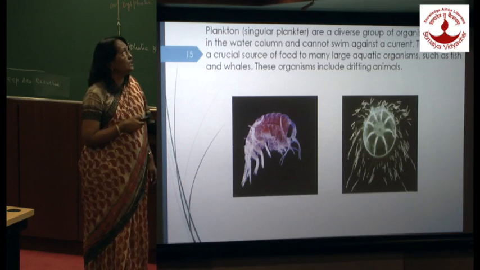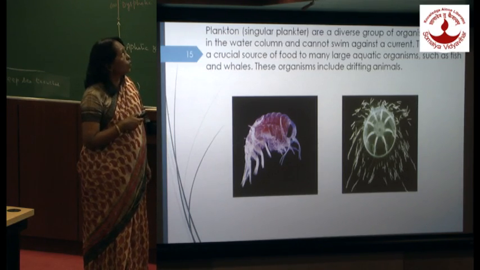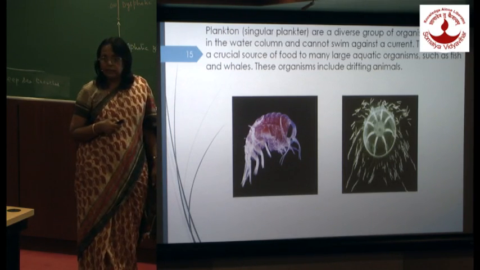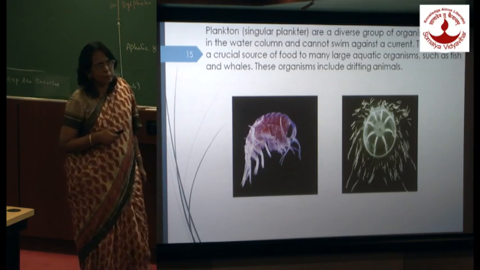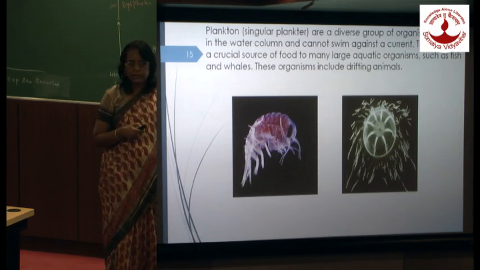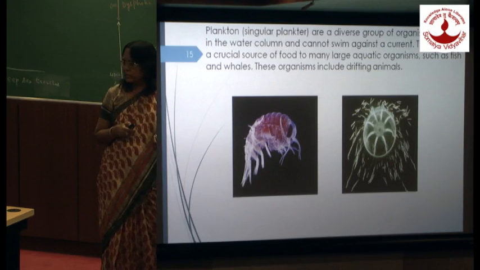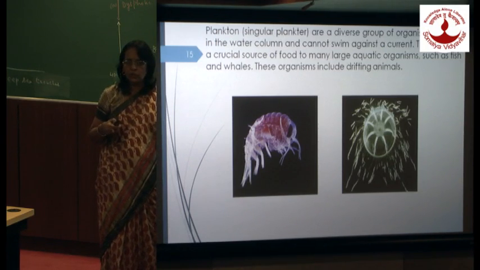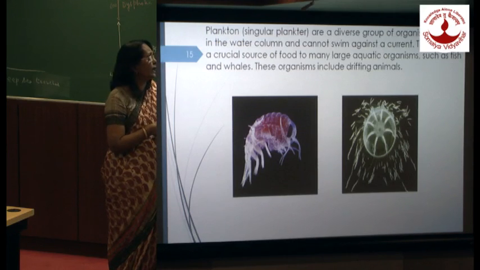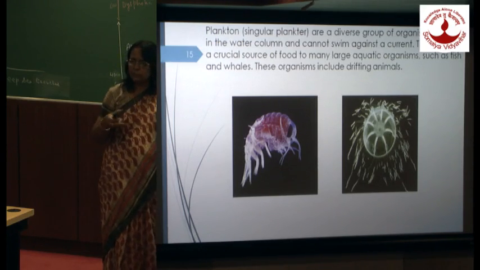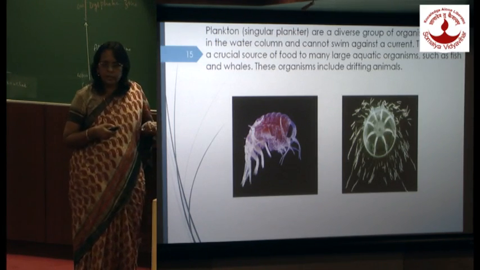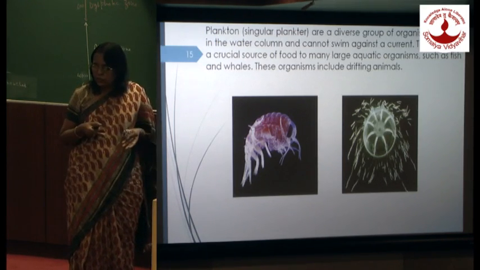Planktons are a diverse group of organisms that live in the water column but cannot swim against current. They have locomotive power but very feeble locomotive power. Alright? They are more at the mercy of the current. By themselves they cannot actively swim, and for that they have many adaptations. They will have lot of spines so that the surface area increases. They may have oil droplet so that they can remain afloat.